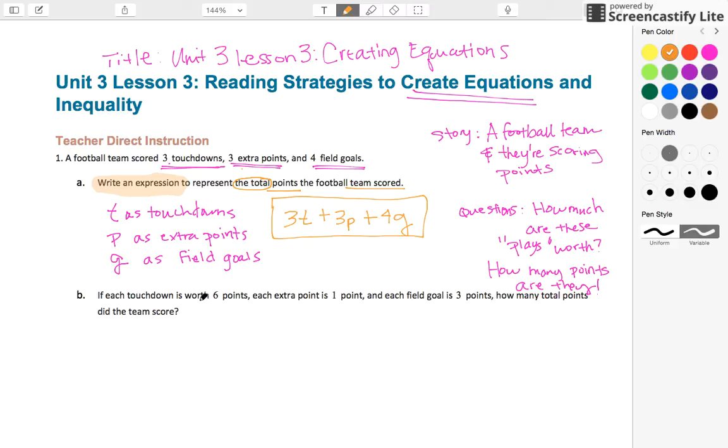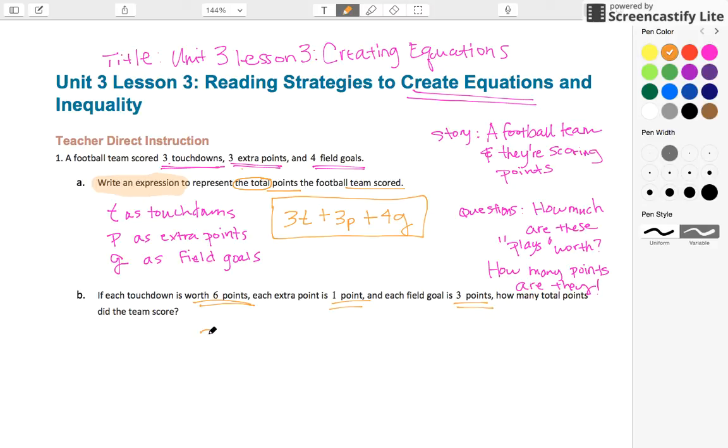Okay, so then in this case, we know the value for this. It's just 3 touchdowns, a general quantity, whereas here we can actually see the specifics, right? So we have 6 points for each touchdown, each extra point is 1 point, and each field goal is 3 points. So how many total points did they score?